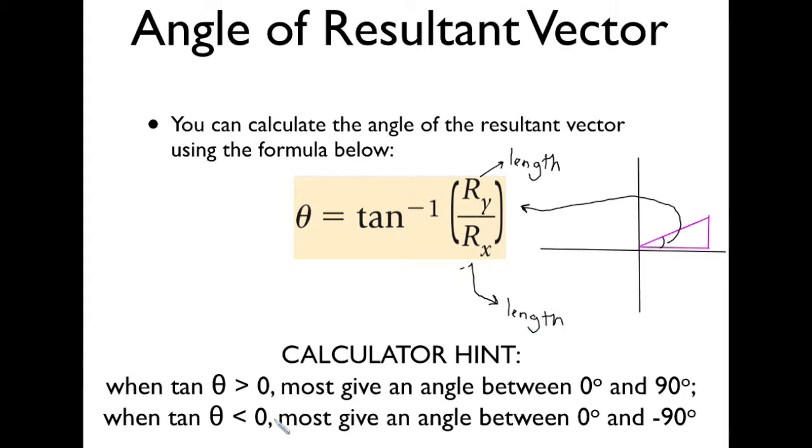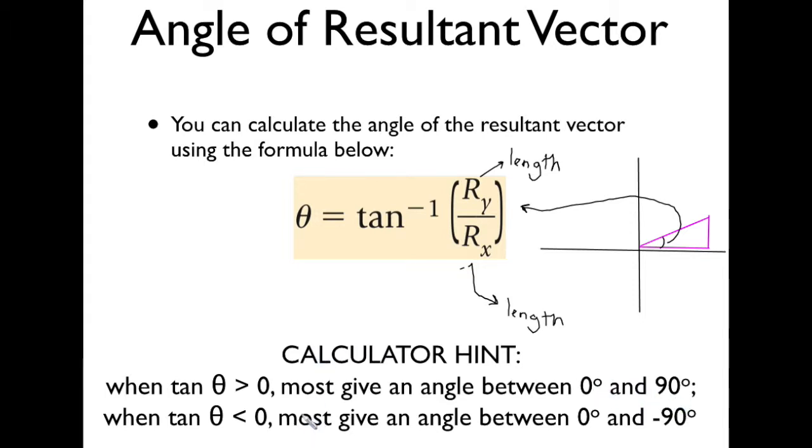And just to keep in mind, again, you need to have your calculator in degrees. If it's not, you will get the wrong answer. You will get angles of really small numbers, like 0.5 or 0.2, when it really should be like 27 or 30 or 50. If tangent is more than 0, a lot of calculators will give you an angle between 0 and 90.